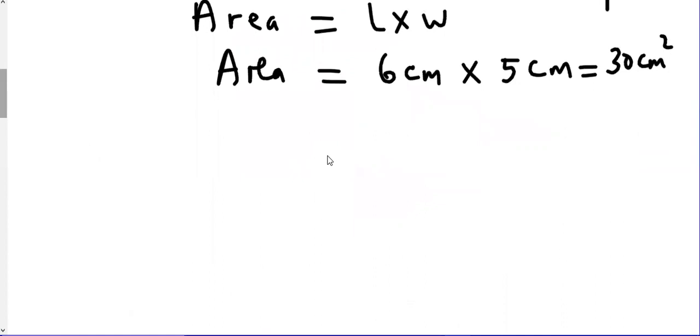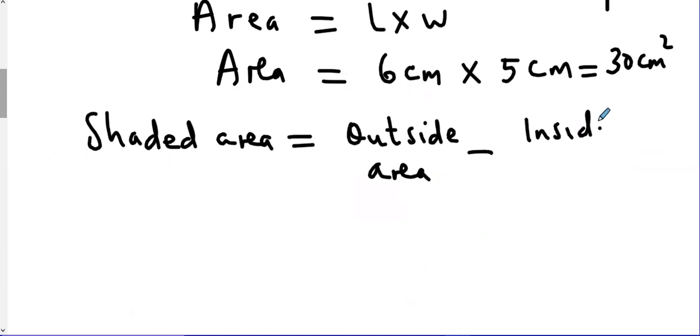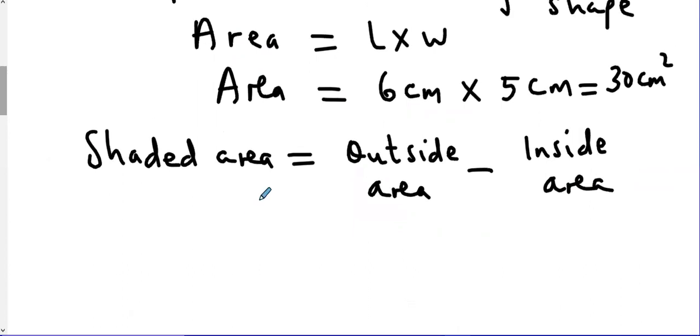Okay? So to find the shaded area, according to this diagram, you take outside area minus inside area. Okay. Now, how do we do that?